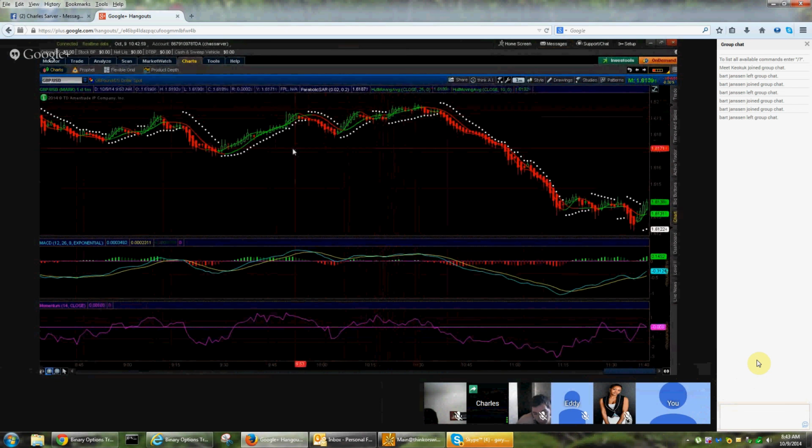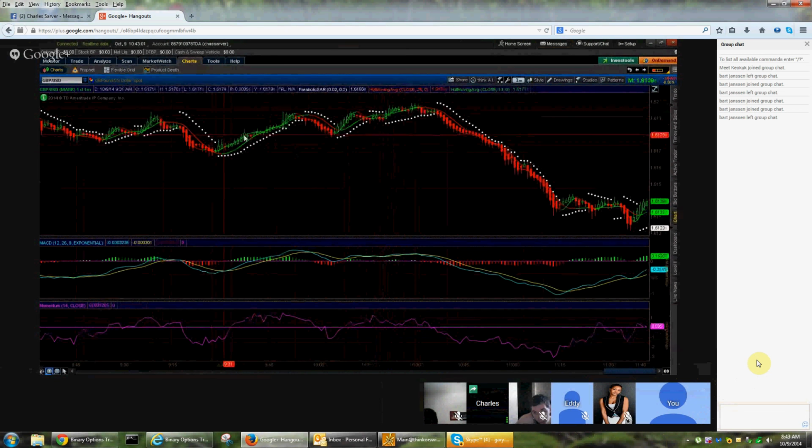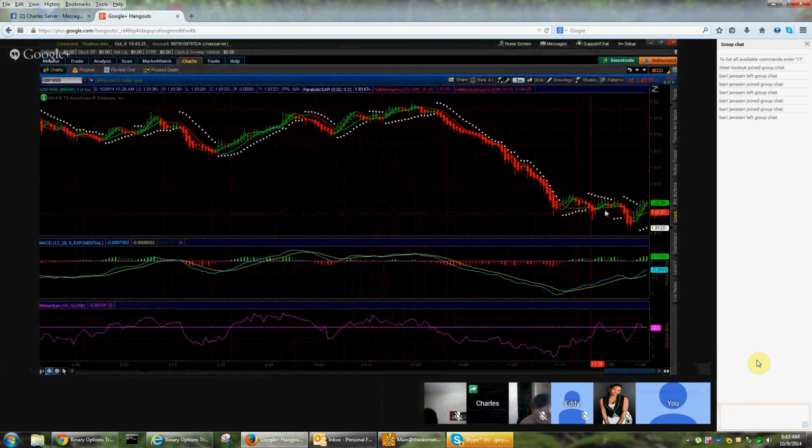You just want candles that have wicks or shadows, like all these red candles have shadows and all these green candles have wicks at the top. When you start getting a shadow at the bottom and a wick at the top, it's either about to reverse trend, or it's doing this little fake out thing, or it's about to go sideways for a little while. So you just stay out of it.